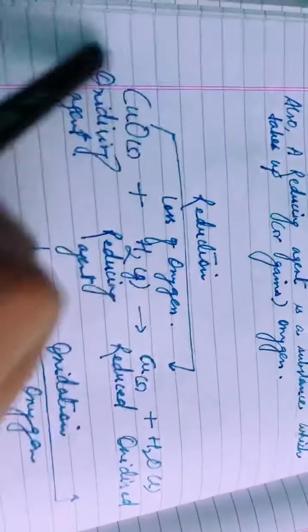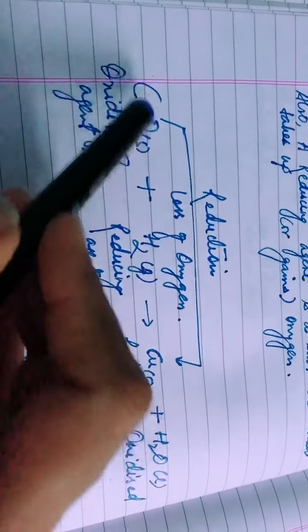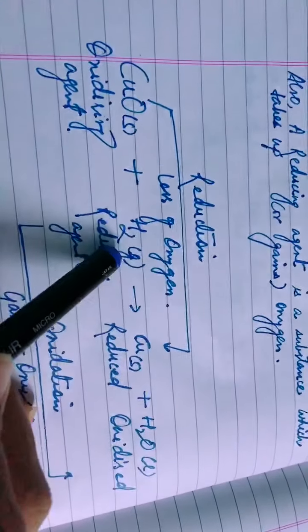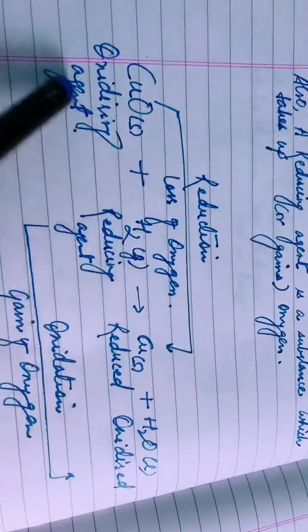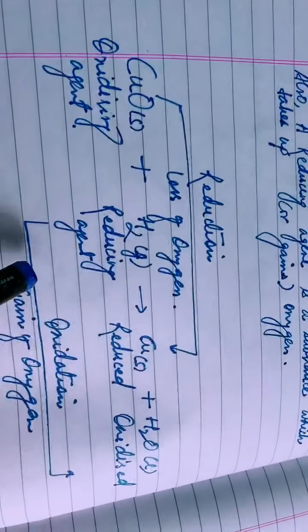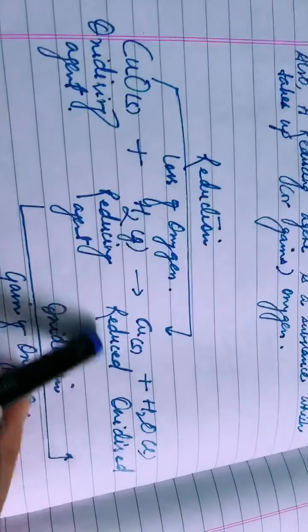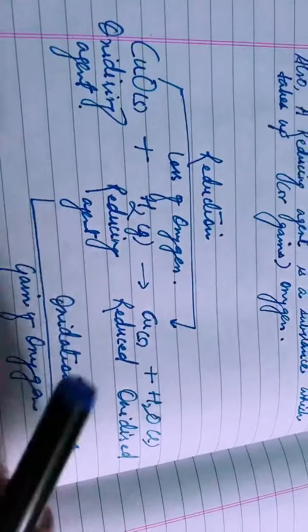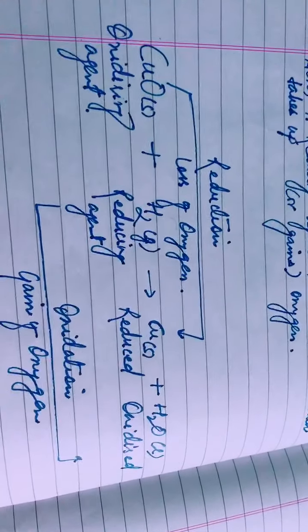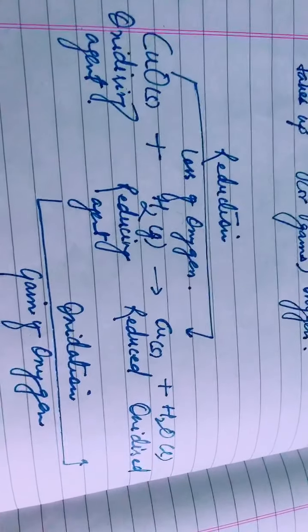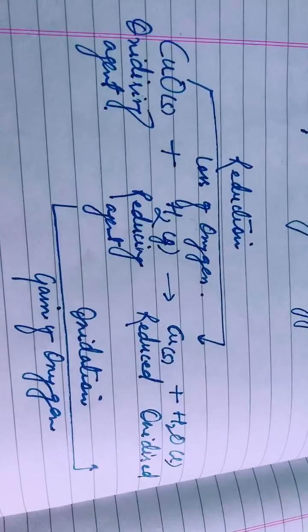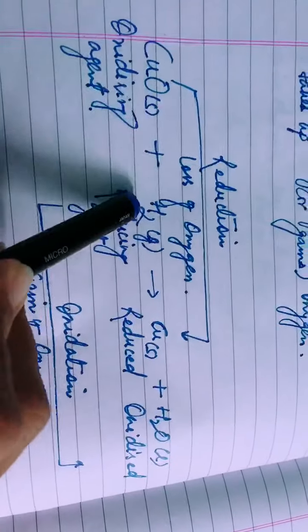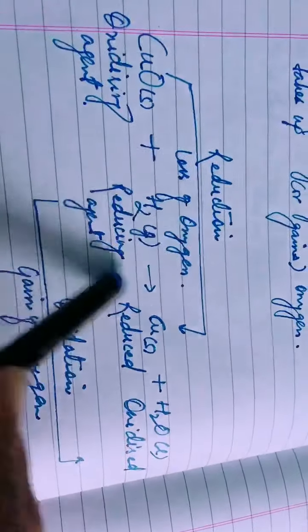Students, when copper loses oxygen to hydrogen, what will it become? It has released oxygen, so it will become reduced. It is reduced because it has lost its oxygen. And when hydrogen gains oxygen, what has happened?